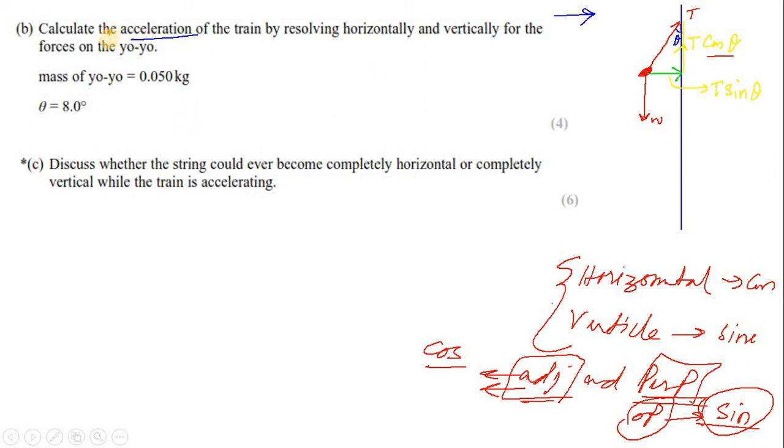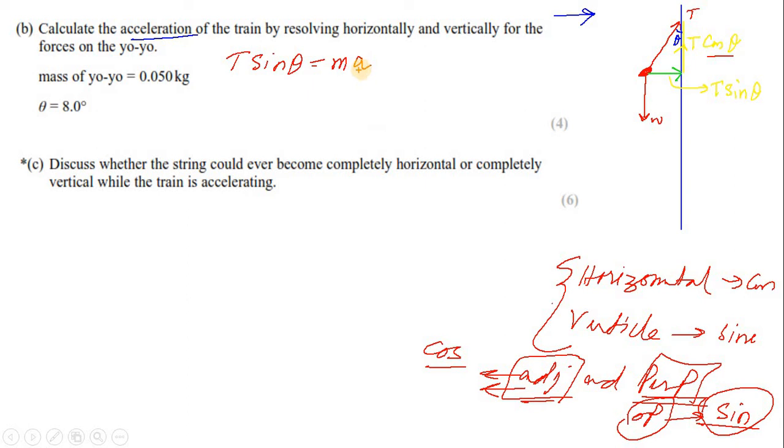We need to find the acceleration. We know that T cos theta is balancing W, but T sine theta is the only force acting rightward. That means T sine theta is basically the resultant force. So T sine theta is equal to ma.